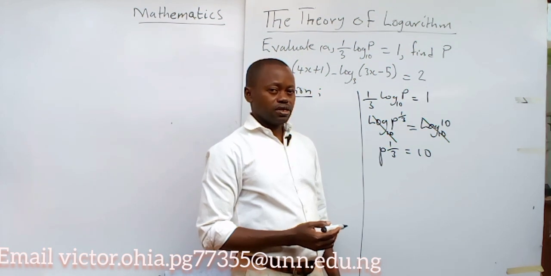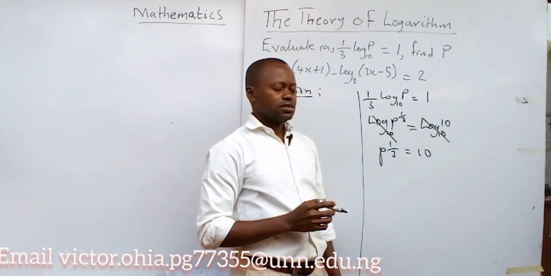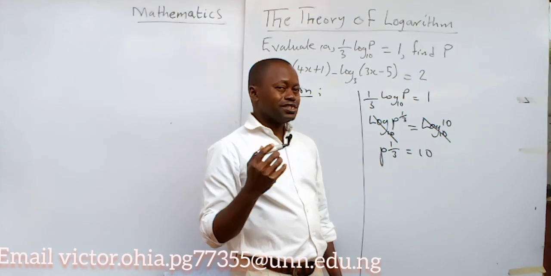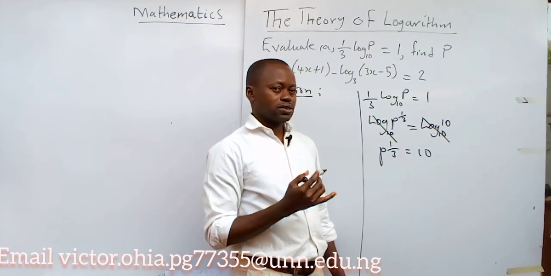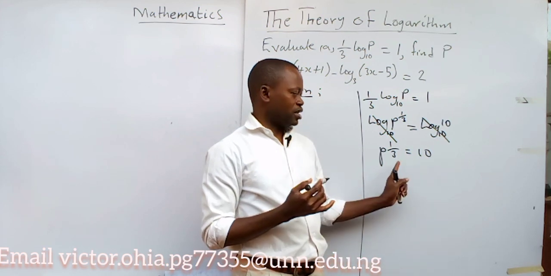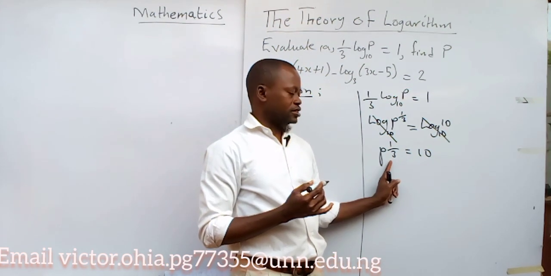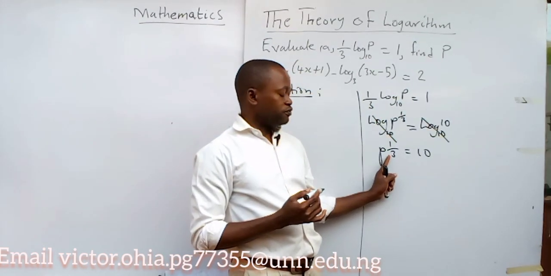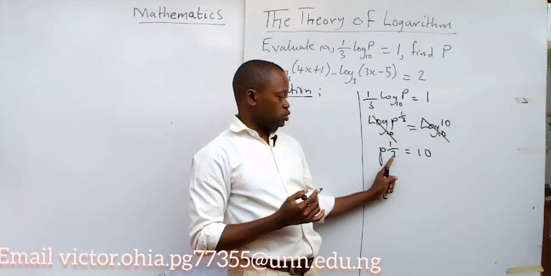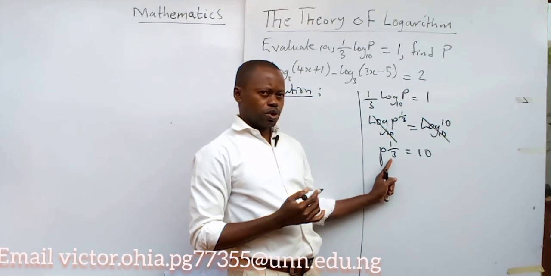We are looking for p, and as we discussed in indices, if you remember where I was trying to clear powers in indices, when I come to a place like this, to remove this power I will find something that I can use to multiply this power so that the power of p here will become 1.